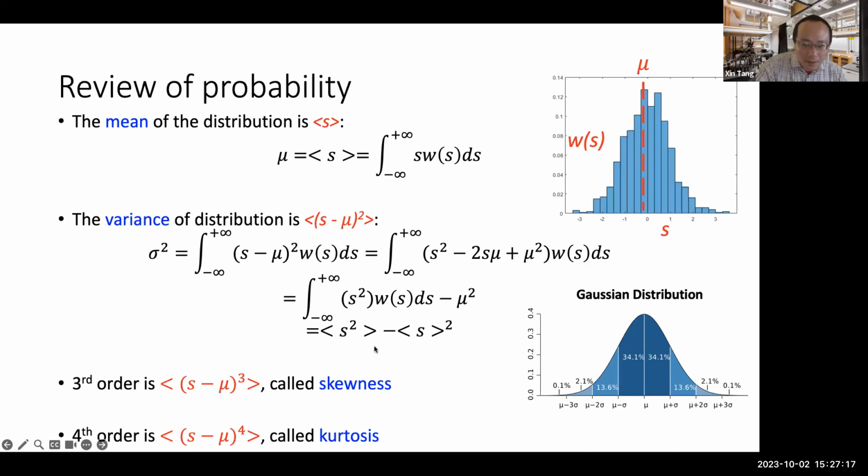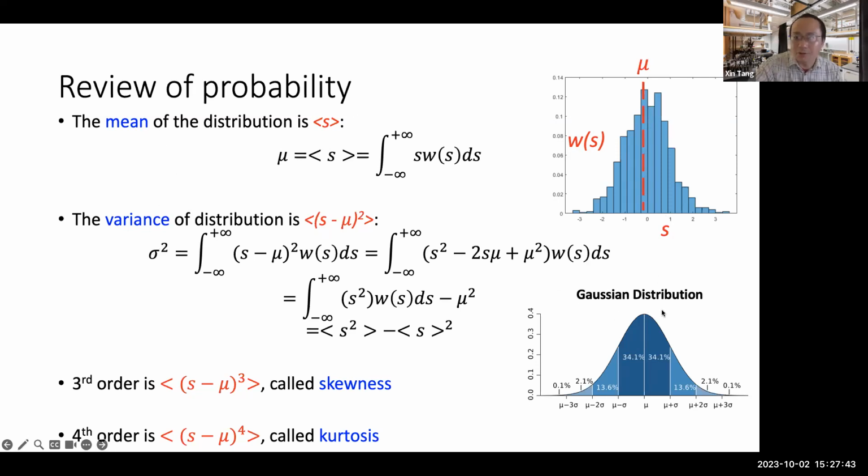Now, these two are the most used. Mean and variance are the two most used quantities you need to understand any distribution. Whatever the distribution function is, WS can be anything. It can be Gaussian or not Gaussian, it doesn't matter. Any distribution has a mean and variance, and those two are the most important.